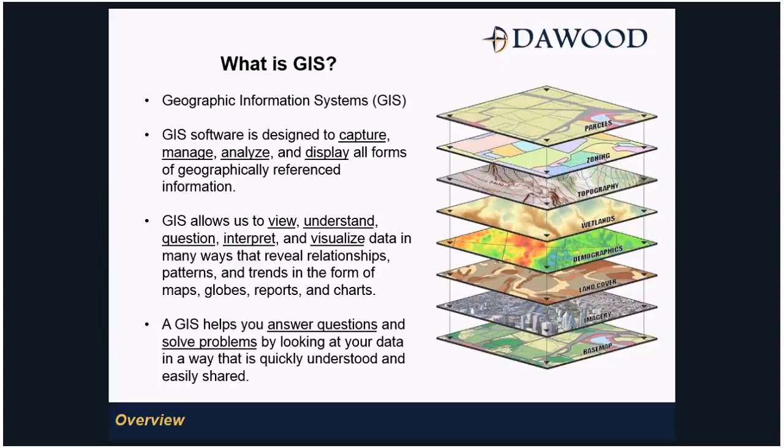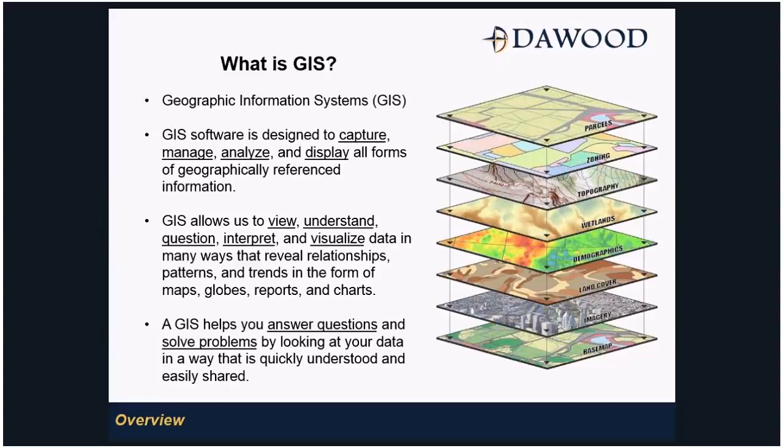I like this graphic to the right. I think it illustrates what a GIS can do pretty well. What it's doing is taking multiple data layers, parcels, zoning, topography, and so on, and overlaying them to combine into one base map. So by overlaying, you're able to view patterns within the data.